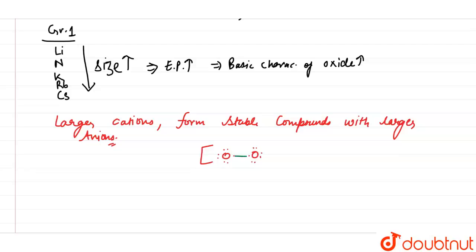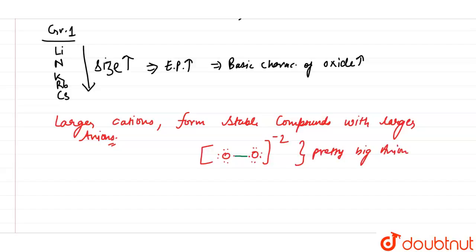And there is a bond, right? And also there is a -2 charge. So this is a pretty big anion, right?